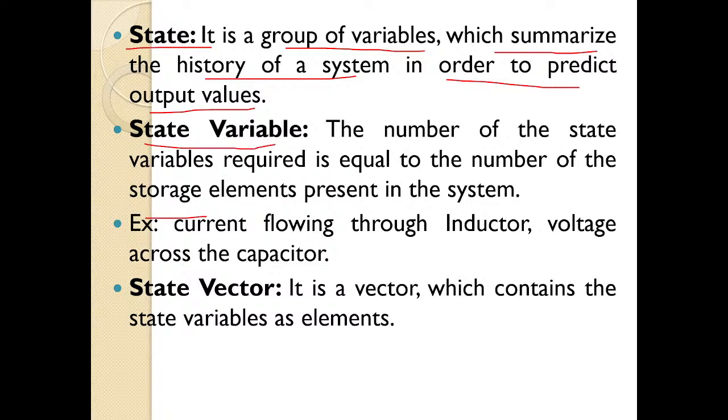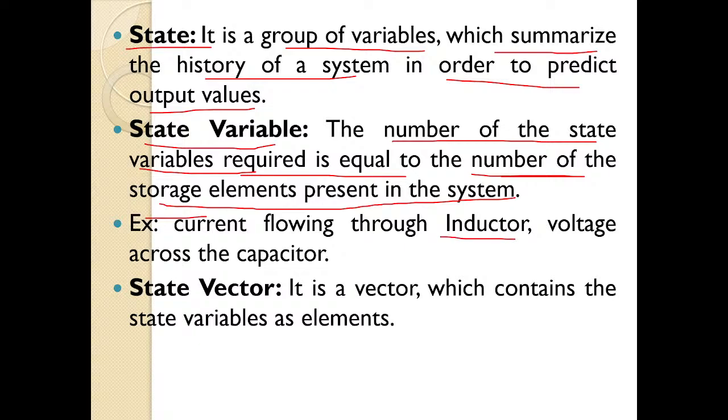Next, state variable. The number of state variables required will always be equal to the number of storage elements present in the system. If there are storage elements in the given system such as an inductor or capacitor, then when an inductor is there, the current flowing in the circuit through this inductor is our state variable.